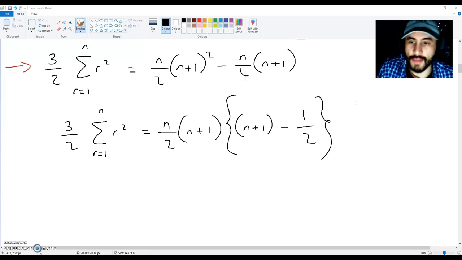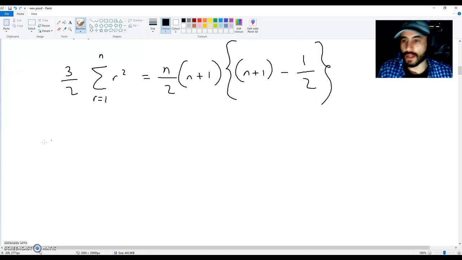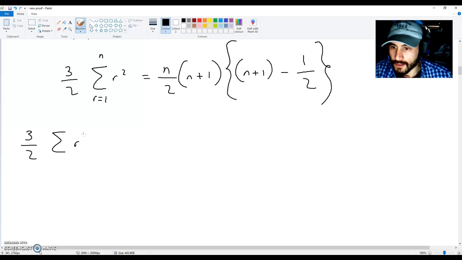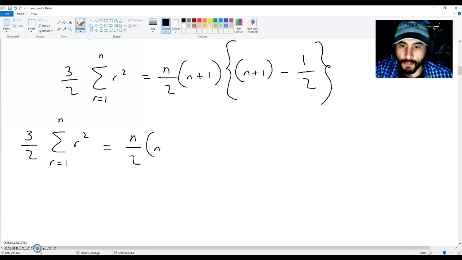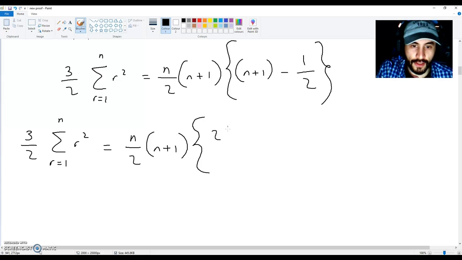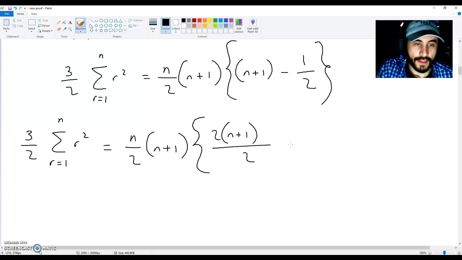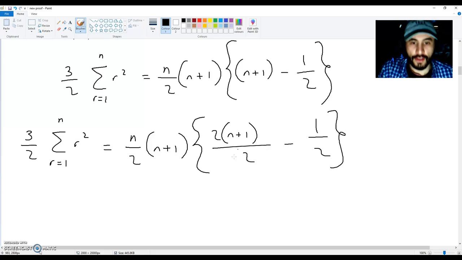and we've got this, and there's still some more work to do. From here I'm going to speed things up a little so we get to this proof more quickly. So we end up with this, and this is going to be equal to n over 2 multiplied by n plus 1. Then in brackets we can say 2 multiplied by n plus 1 over 2 minus a half, because 2 over 2 is equal to 1.